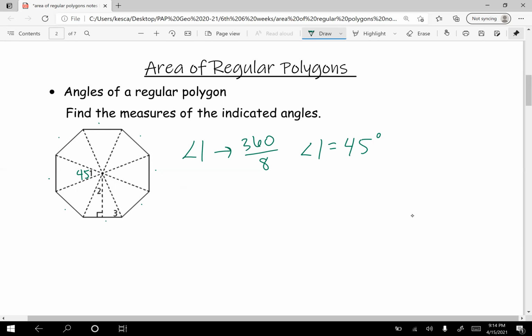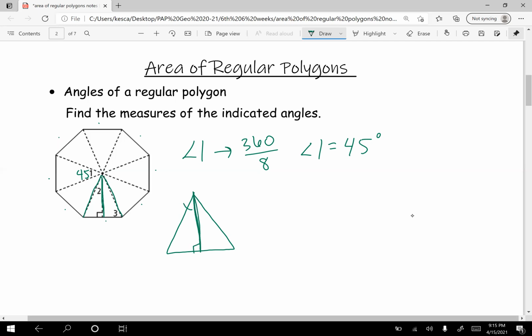Now we're going to concentrate on this triangle here. We've got the apothem, and it's splitting this triangle in half. So I'm going to draw a triangle here. It's 45 degrees right here, and now it's being cut in half. This is going exactly in the middle.